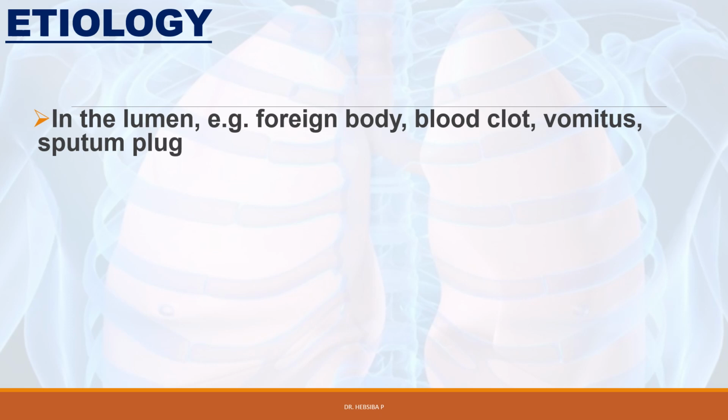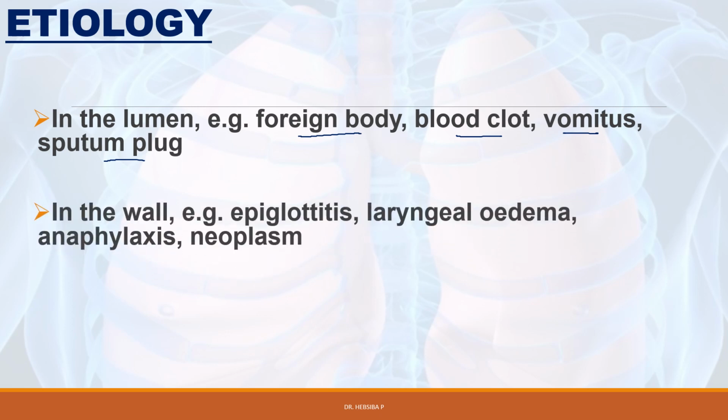If the blockage is in the lumen, the etiology may be a foreign body, blood clot, vomitus, or any sputum plug. If it is in the airway tract wall, it is epiglottitis, laryngeal edema, anaphylaxis, and neoplasm.